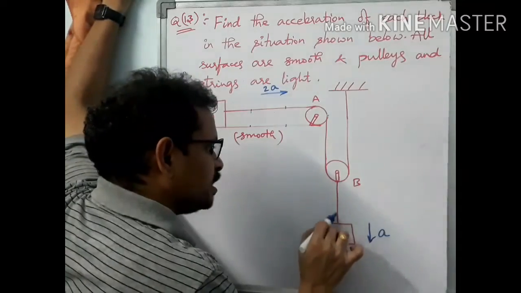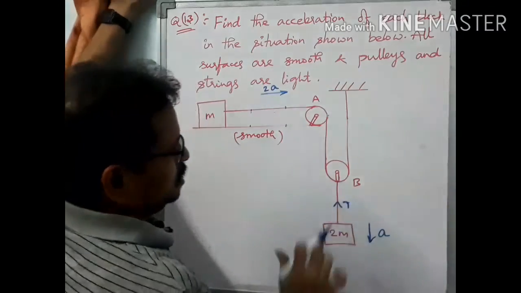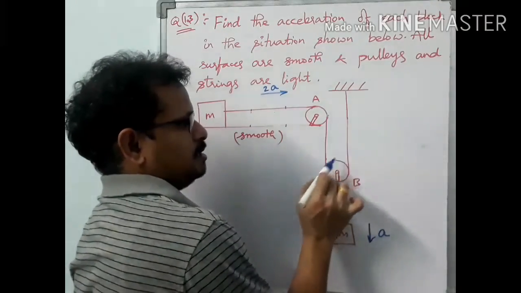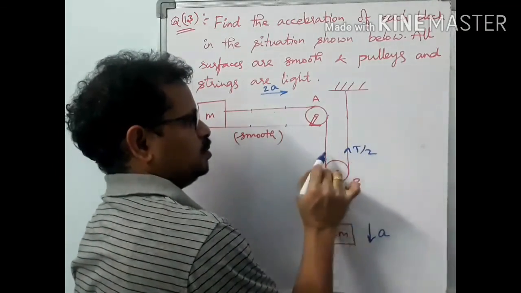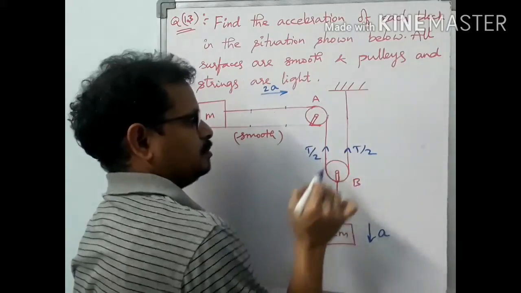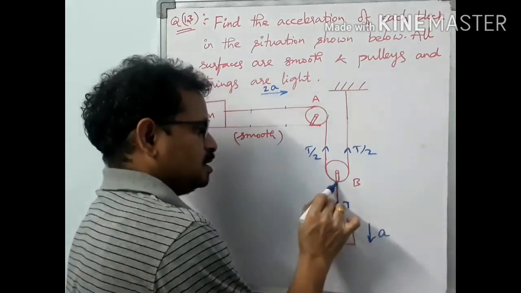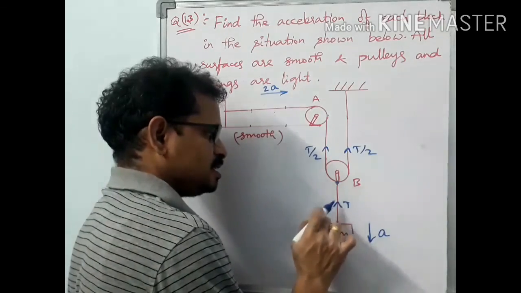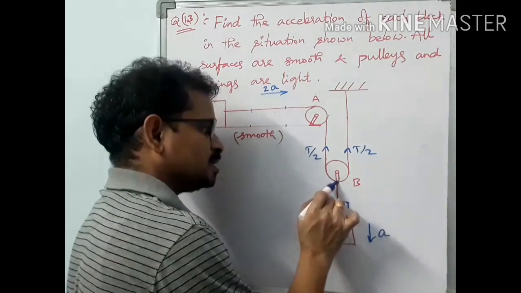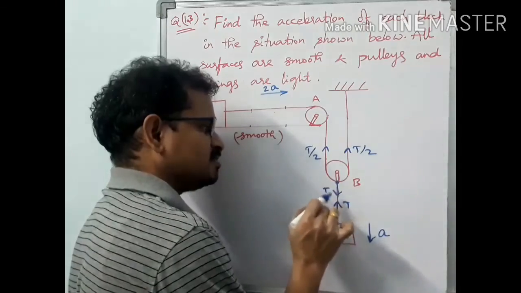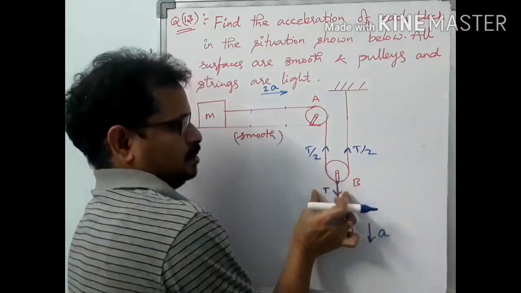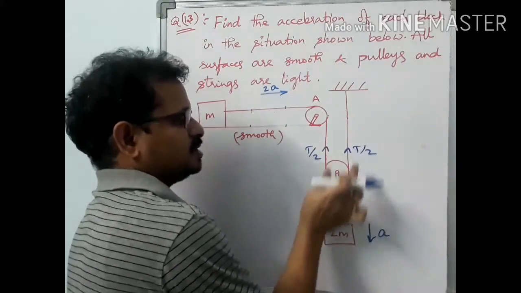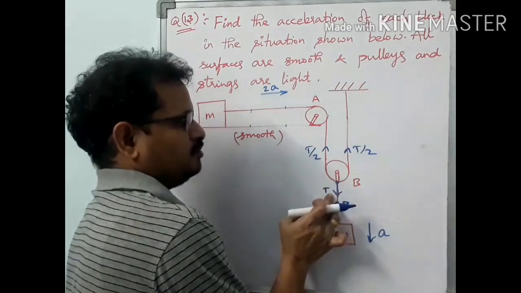What is the tension in this string? Let us suppose that it is T. If this is T here, what is the tension across this pulley? This is T by 2, T by 2. Because on this pulley, in this rope, tension is T everywhere, and on the pulley, tension will be T only. So here it must be T by 2, T by 2, because upward forces must be equal to downward forces.